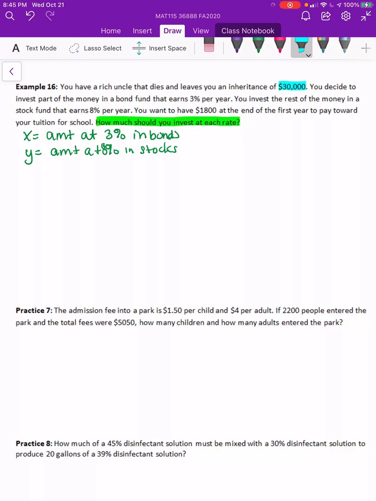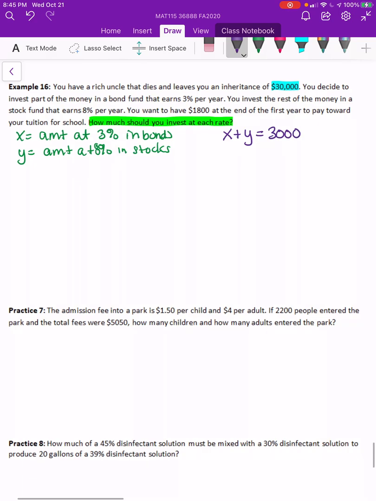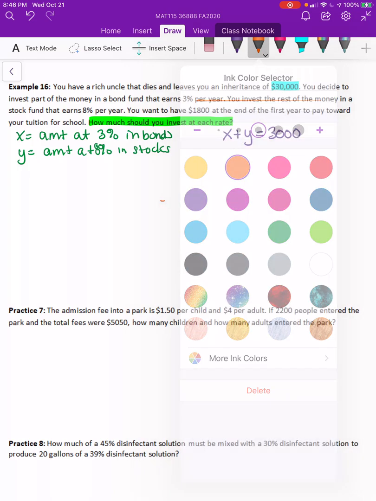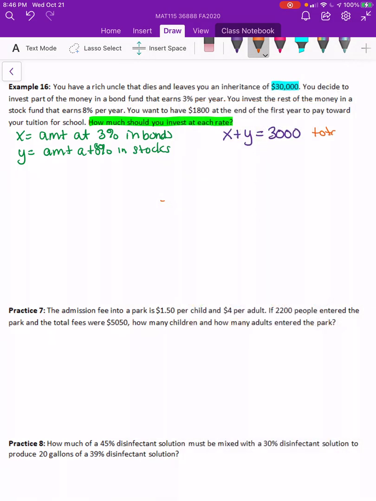So that equation is basically going to be, if I take the amounts and add them together, that should equal $30,000. So that would be x plus y is equal to $30,000. This is basically the total equation. That's the total amount of money that we have.